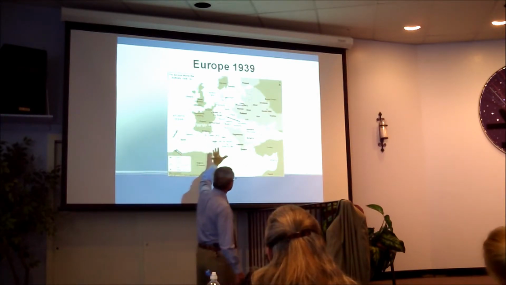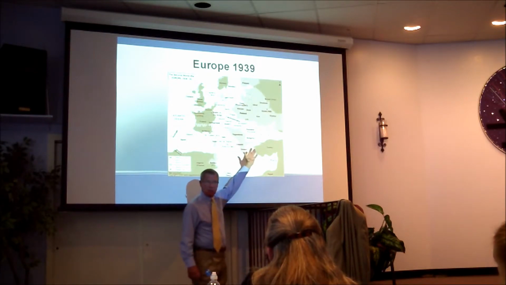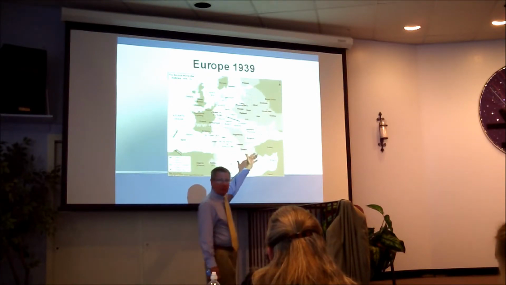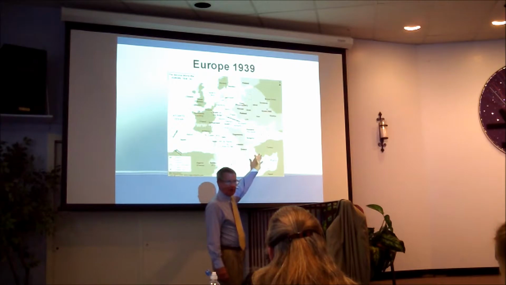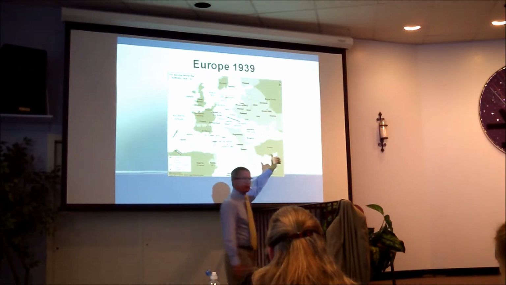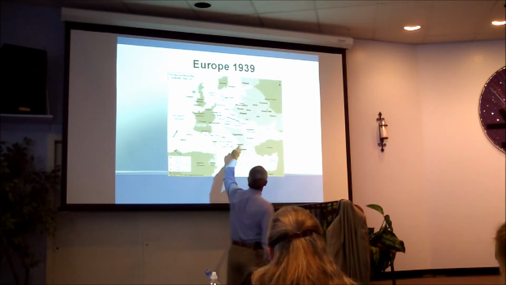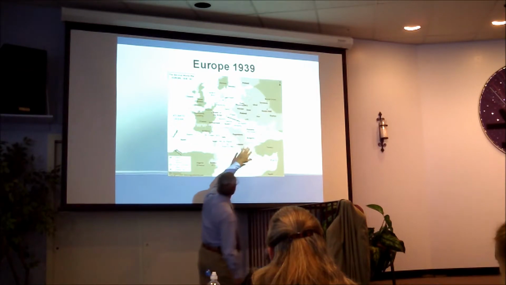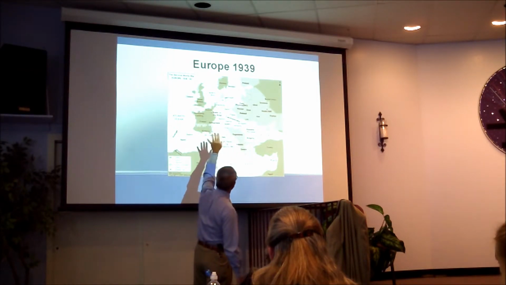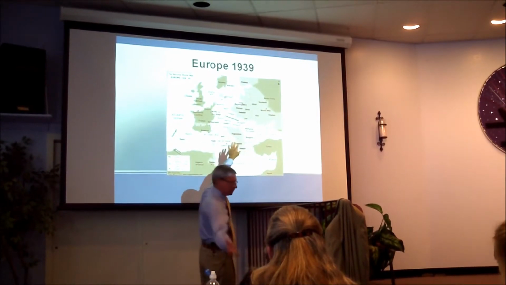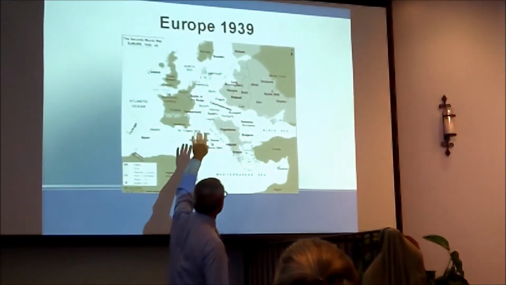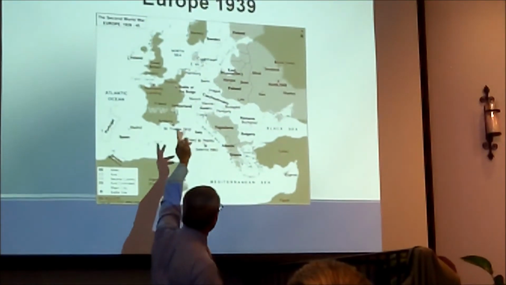Okay, now over here, there was a front down through the Balkans. Greece, a strong ally. Very strong partisan movement. You run through the whole Slavic area, Czechoslovakia, Austria, which of course went German very early in the 30s, Hungary, Romania, Bulgaria.